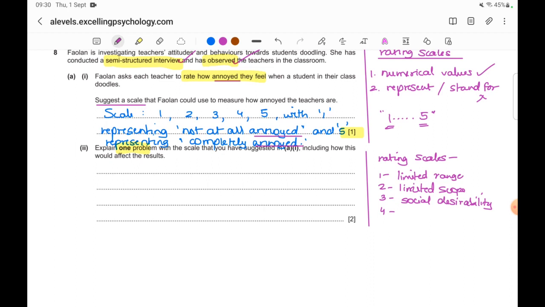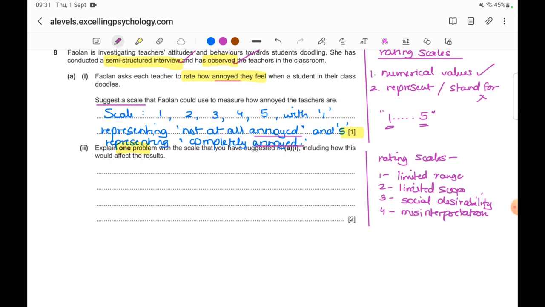Okay, besides that, there could be a problem of misunderstanding or misinterpretation. Like the wording, we are saying it's ranging from not at all annoyed to completely annoyed. So when we present a rating scale like this, teachers might not relate with what extent we are indicating by the numbers.